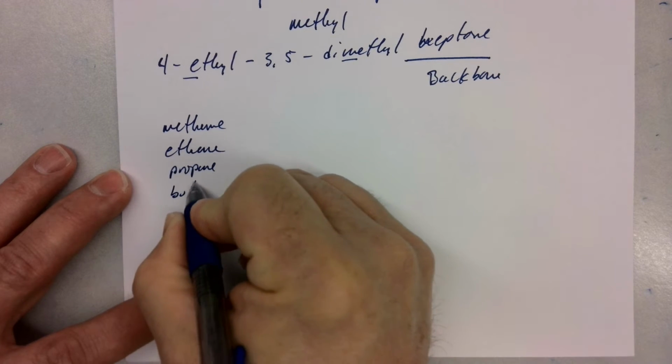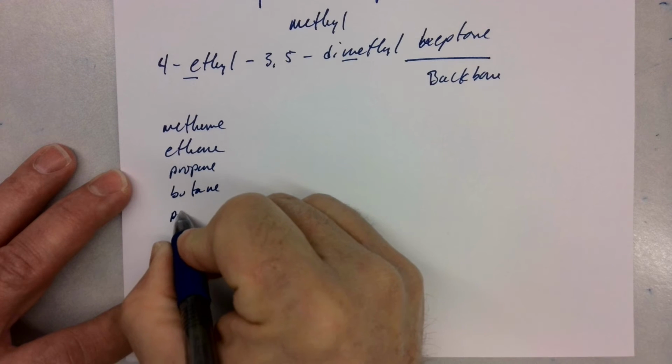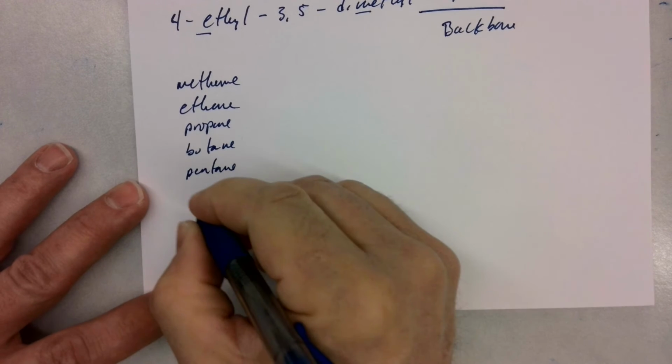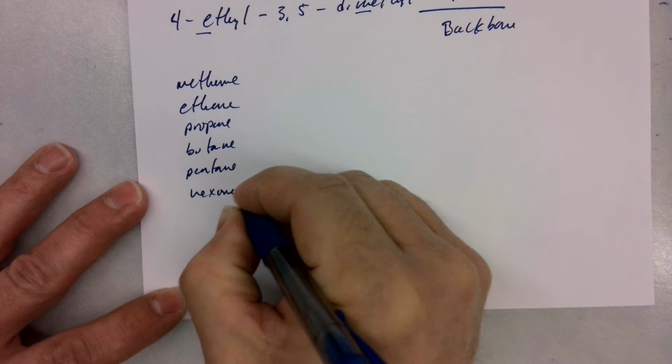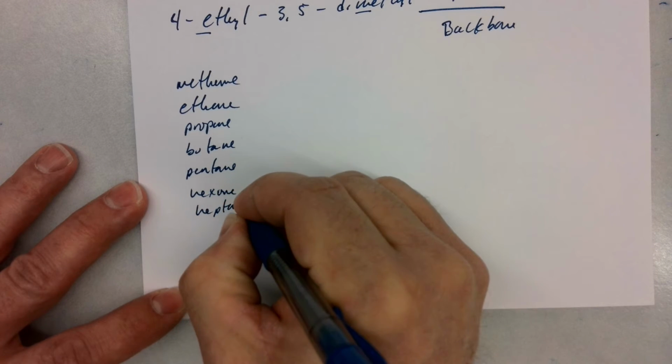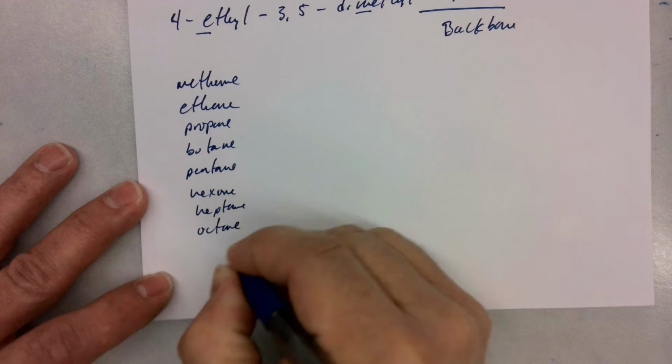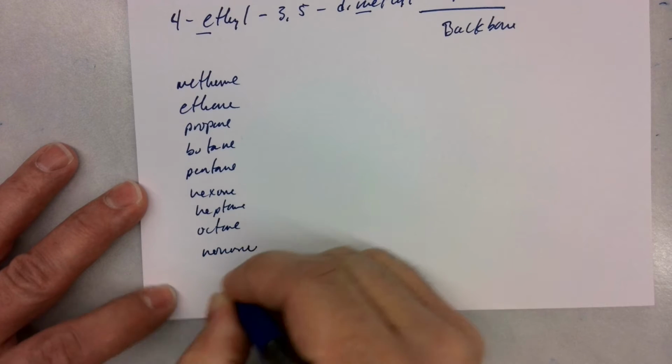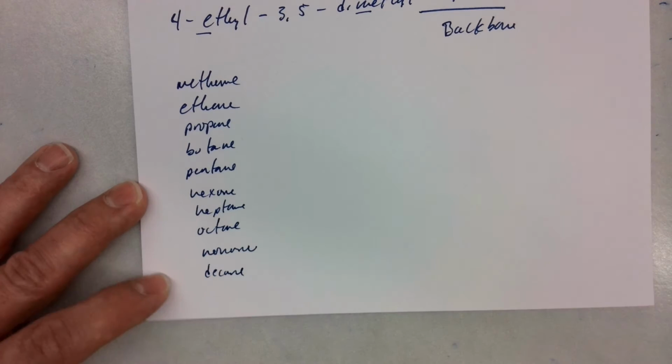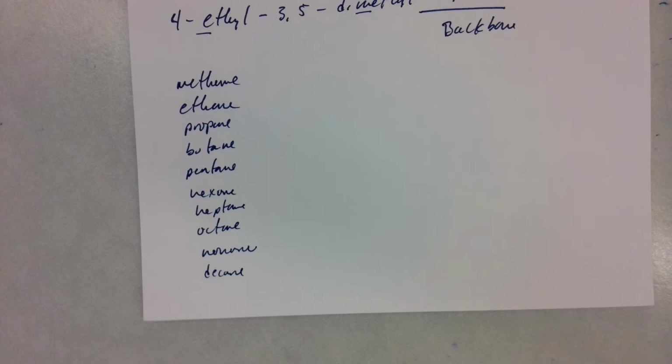You got butane. You got pentane. You got hexane. You have heptane. You have octane. You have nonane. And you have decane. You need to know them. Okay? Numbers 1 through about 5 are pretty common.